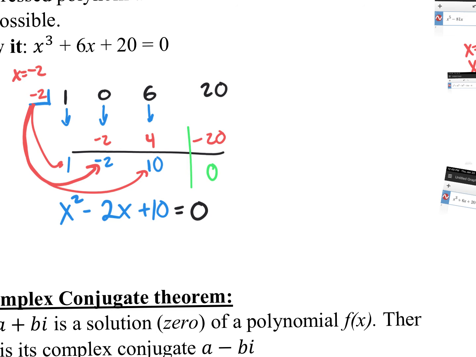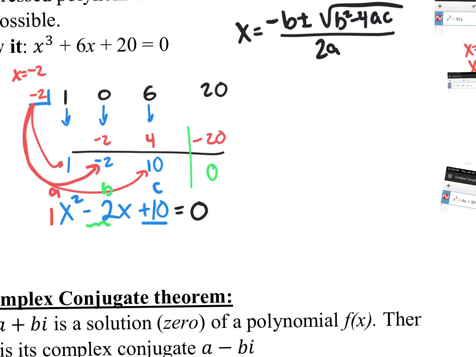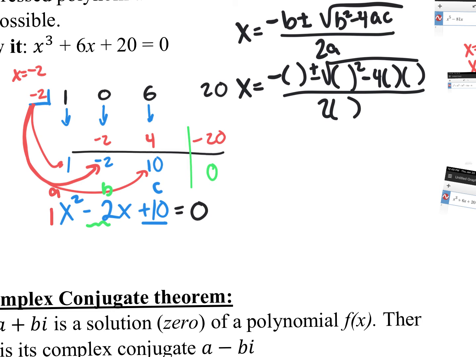So I'm going to use the quadratic formula, identifying that my a value is 1, my b value is -2, and my c value is 10. And I'm going to plug that into the quadratic formula. x equals -b plus or minus the square root of b squared minus 4ac, all divided by 2 times a. And when we use the quadratic formula, I recommend plugging in your values with parentheses. So rewrite it with parentheses. And then let's plug in our values.